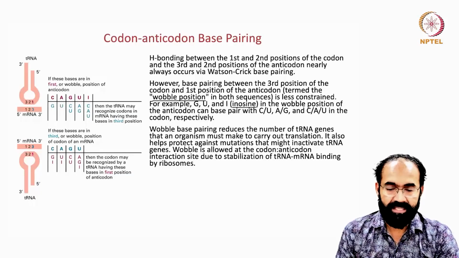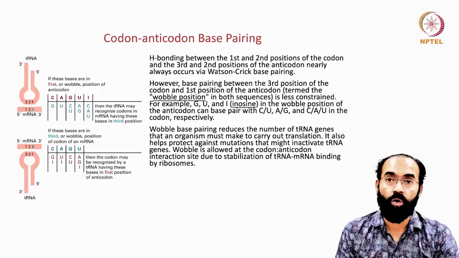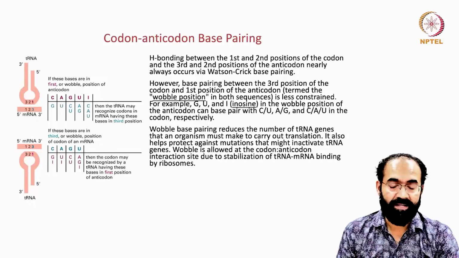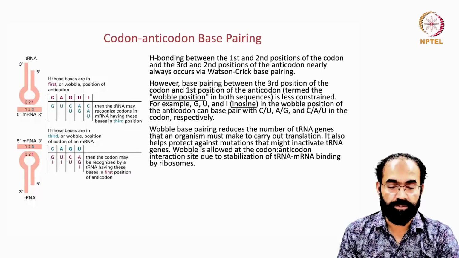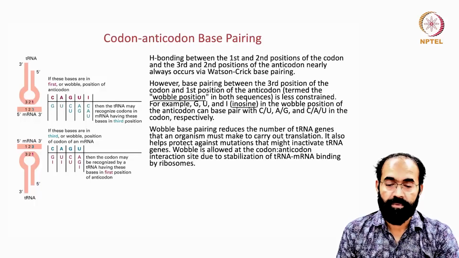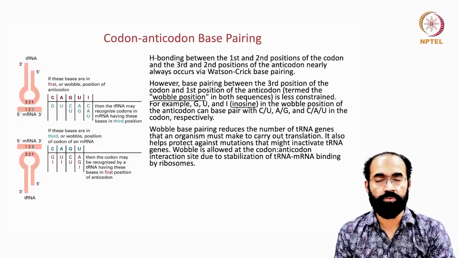That means G can pair with C or it can imperfectly pair with U, and in the same way if U is there, it can pair with A, which is its normal pairing partner, and it can also weakly pair with G. And if I is present in the tRNA, it can allow pairing with C, A or U.